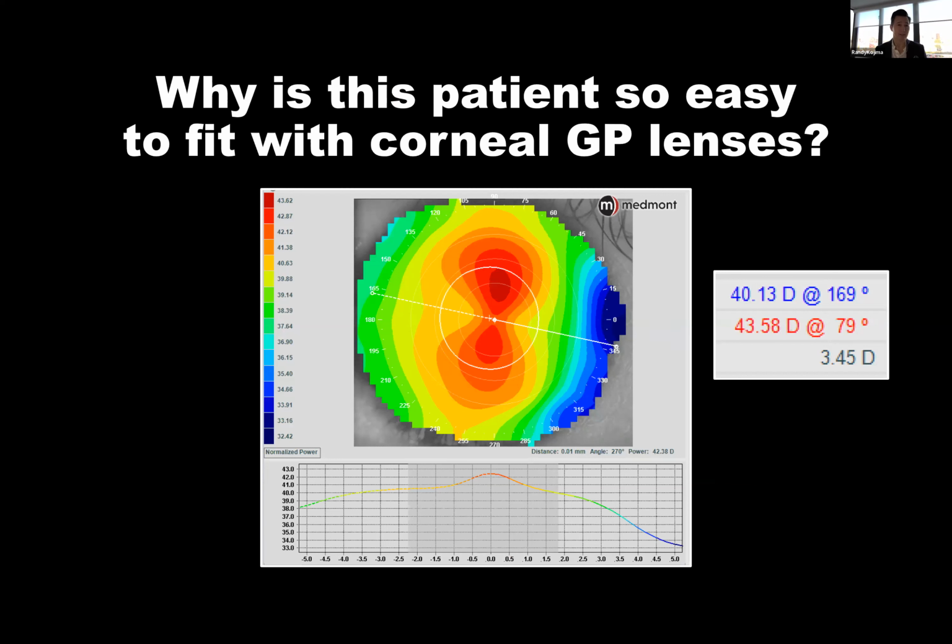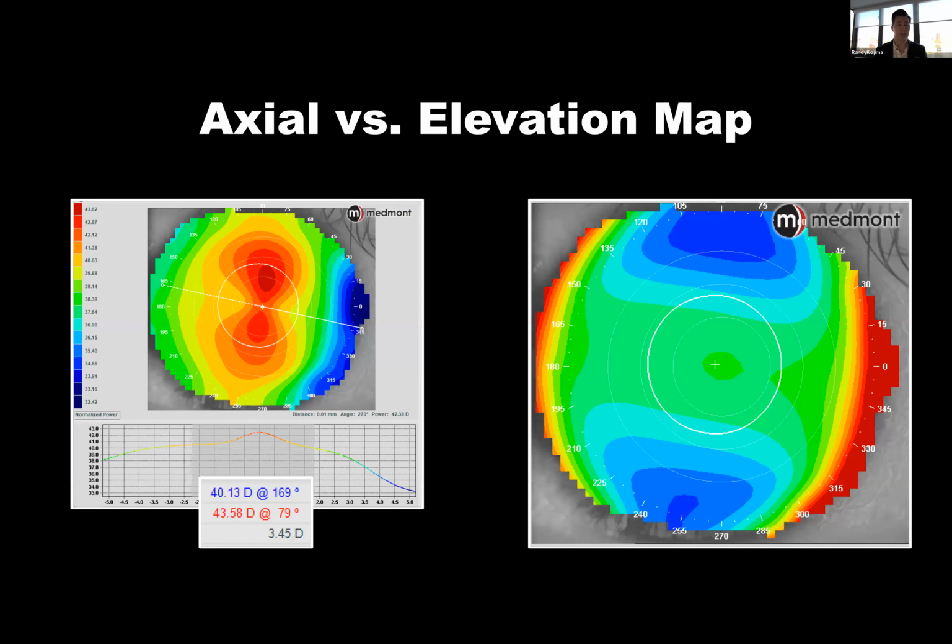And this is a 3.5 diopter corneal astigmatism. If you think in terms of millimeters of corneal astigmatism, then it would be about 0.7 millimeters. So relatively high, but it's really not a big challenge in fitting corneal GPs. Now, why? And part of the reason is that the cornea is so regular.